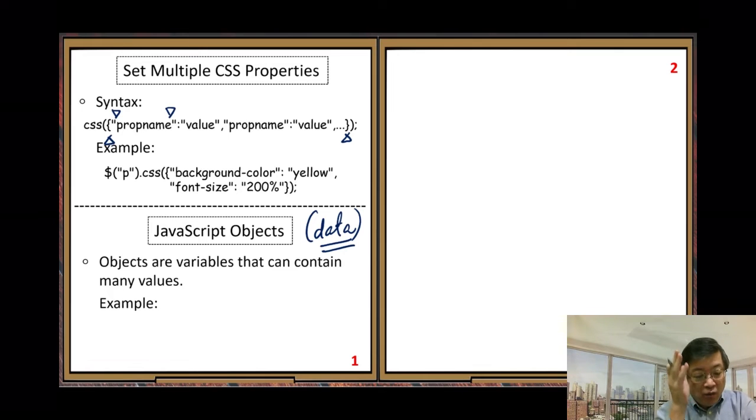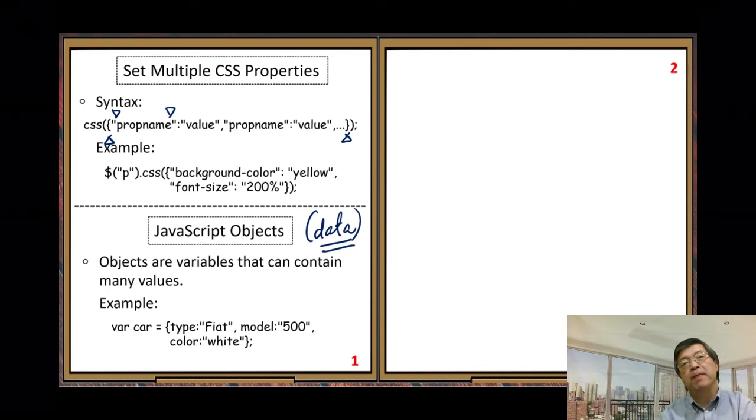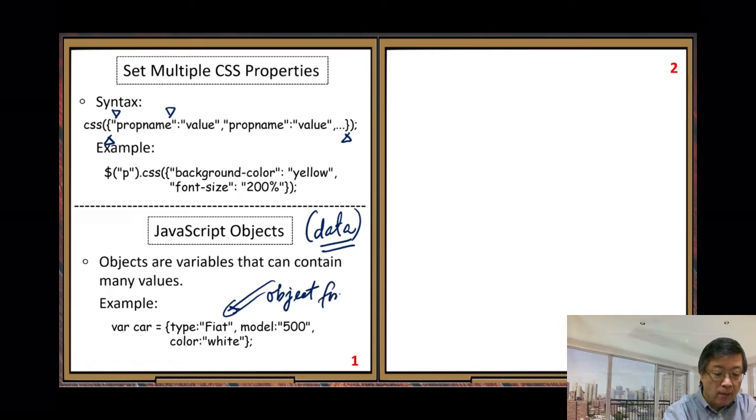Here we define one variable in this way. On the right-hand side, you can see the data pieces or items are included inside a pair of curly braces. So this is the object type, the object format, that we want to learn. All right, so you can see what the format is.